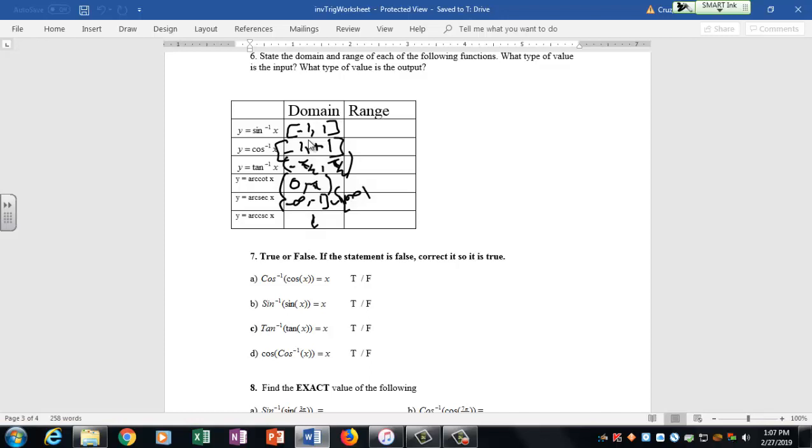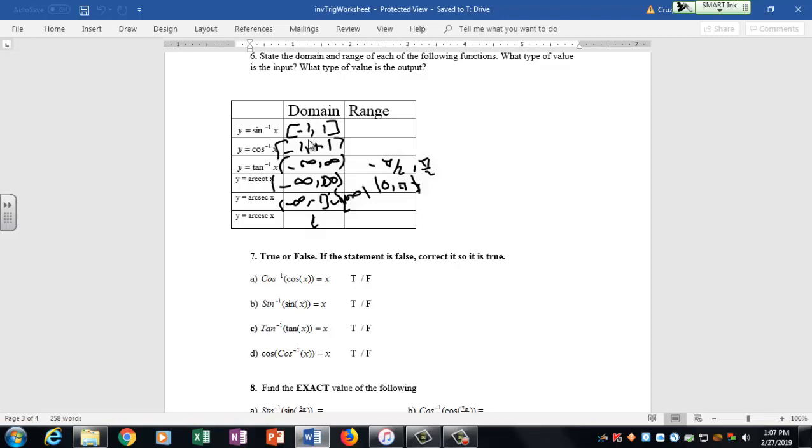All right, the range. I'm sorry. I gave you the range for arc tangent and arc cotangent. Negative infinity to infinity for both of these. All right. Then the range would be negative pi over 2 to pi over 2 and 0 to pi.